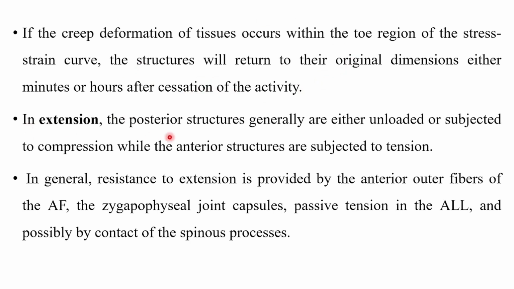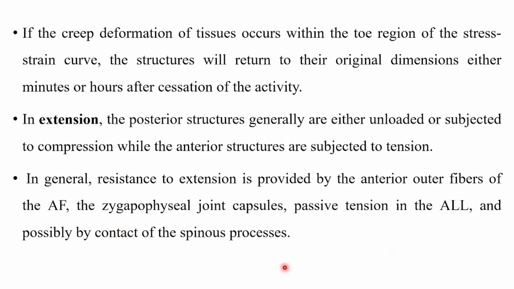In extension, the posterior structures generally are either unloaded or subjected to compression, while the anterior structures are subjected to tension. In general, the resistance to extension is provided by the anterior outer fibers of the annulus fibrosus, the apophyseal joint capsules, passive tension in the anterior longitudinal ligament, and possibly by the contact of the spinous processes.